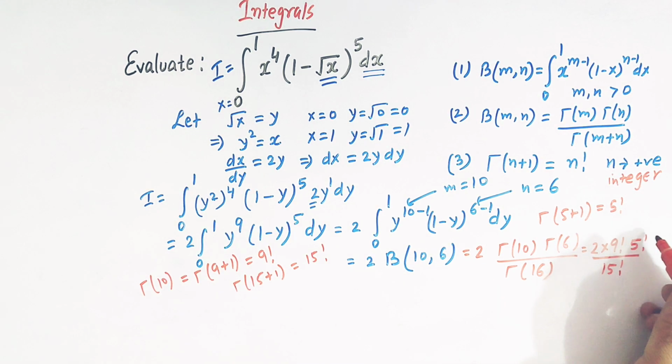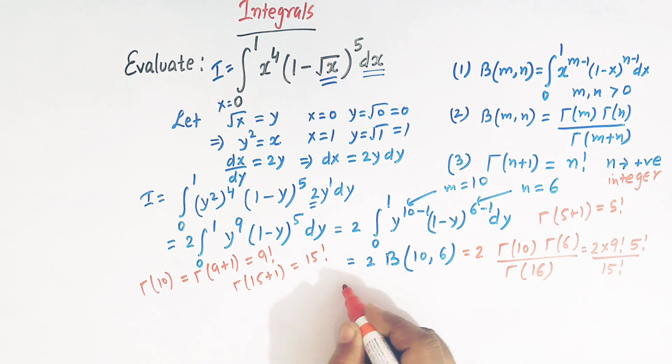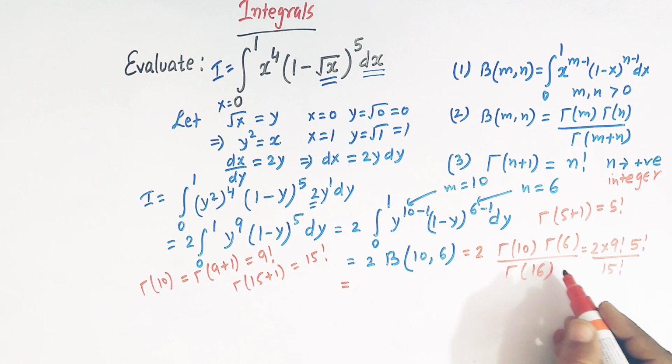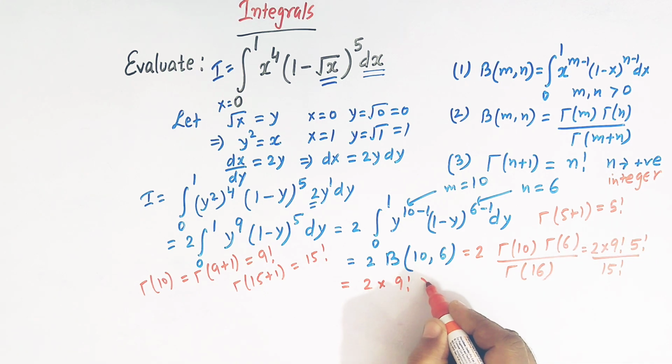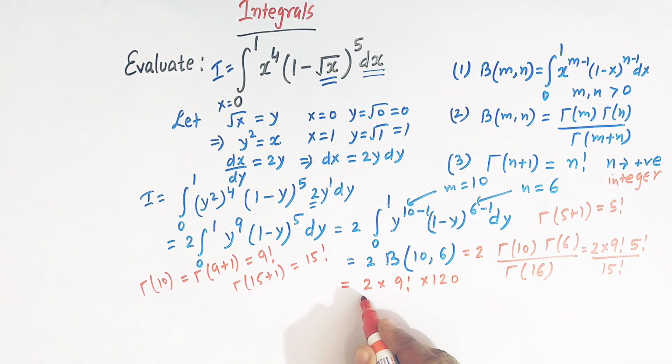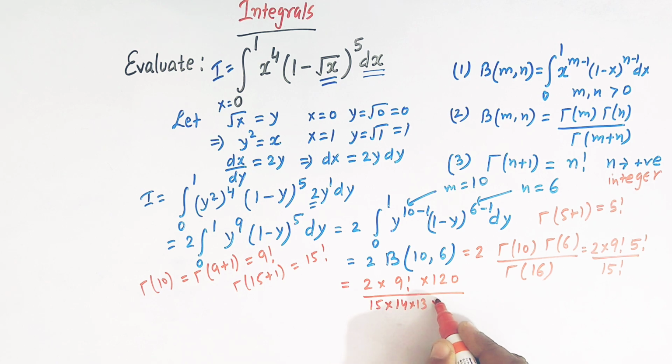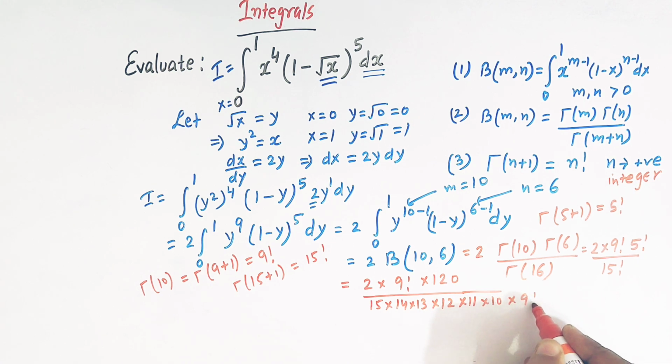So now let us calculate the value of this expression containing the factorials. So we have 2 and 9 factorial, and 5 factorial is 120, and now we can write 15 factorial as 15 times 14 times 13 times 12 times 11 times 10 times 9 factorial.